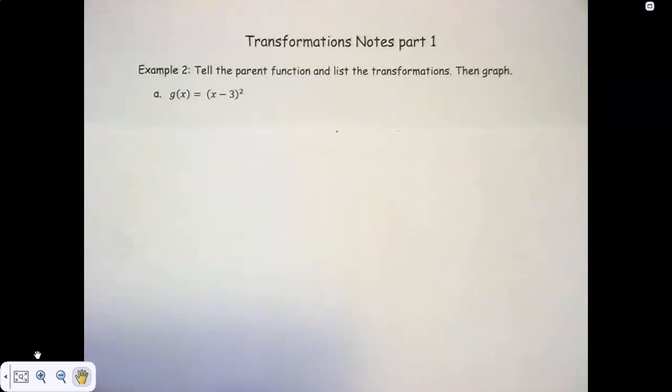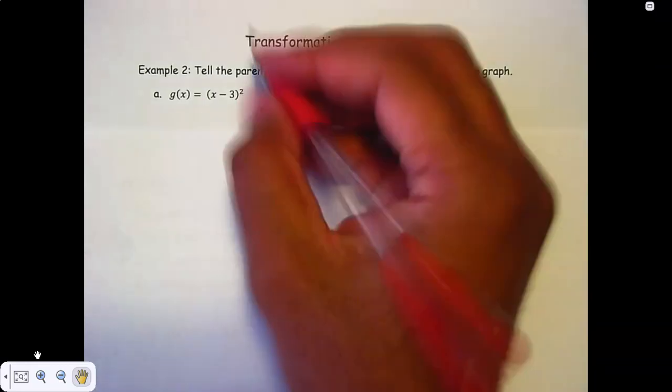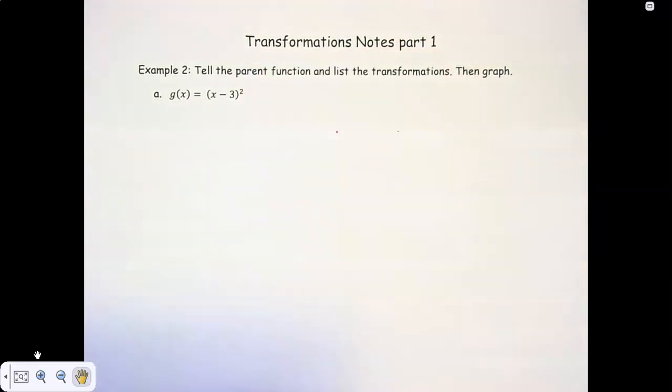Inside. All right. So here we're going to come to example 2, and we're going to talk about our parent functions. We're going to list their transformations and then graph, just like example 1, guys. Exactly like example 1. Instead of it being on the outside this time, we're on the inside.